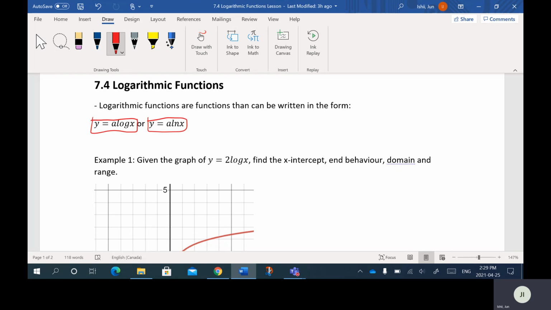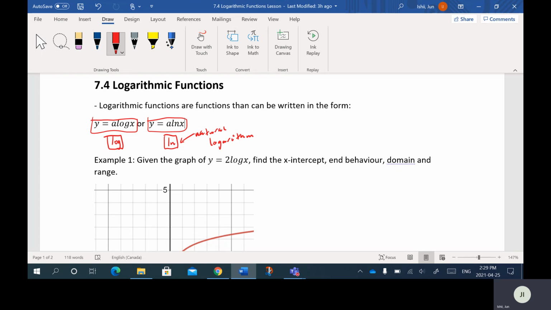Okay, so on your scientific calculators, you may have noticed that there is a log button. So it is a function, but you also notice that there's probably an ln function as well. This is called the natural logarithm. However, in the context of this course, you can actually just consider them being the same.